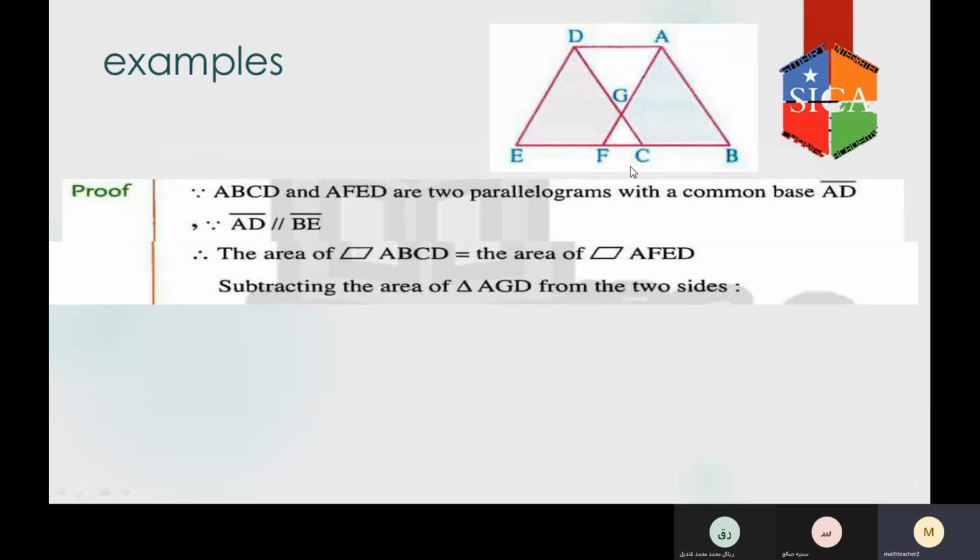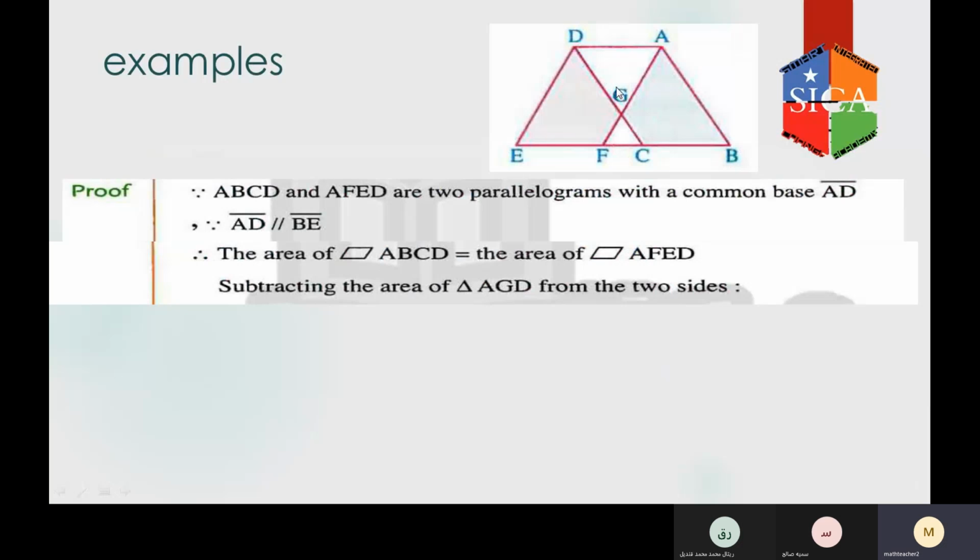Subtracting the area of triangle AGD. When we subtract the area of triangle AGD from the parallelogram ABCD, we get the figure ABCG. And on the other side, we subtract the area of triangle AGD.